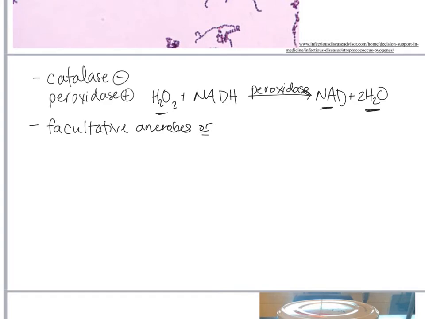Again, it's a pretty big group, big genera. I don't have a number as to how many organisms are in it. Some of them are considered facultative anaerobes, and some of them are actually considered aerotolerant anaerobes. And there may be some strict anaerobes in there too. I'm not really sure. Okay, most of our streps only do fermentation.